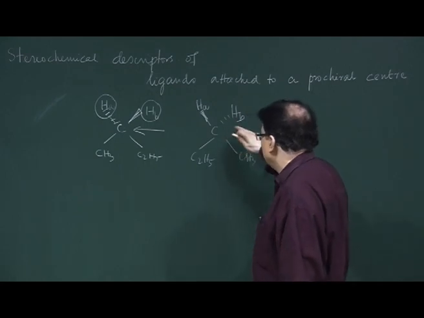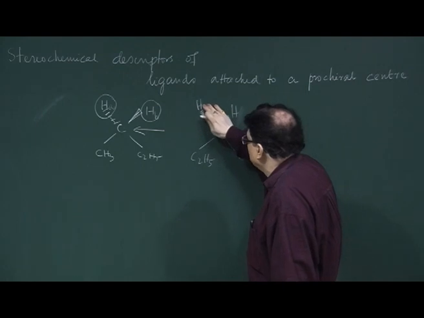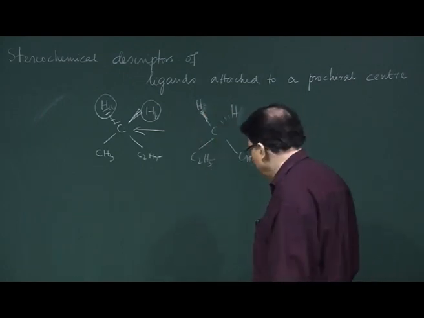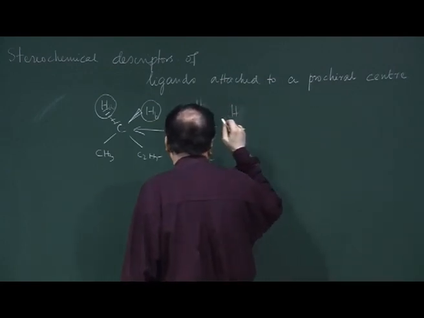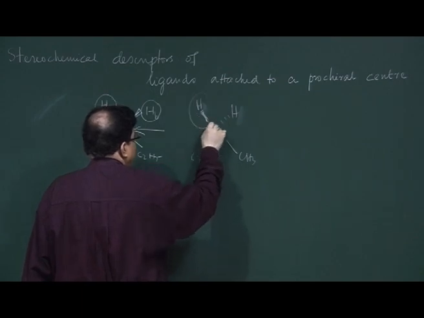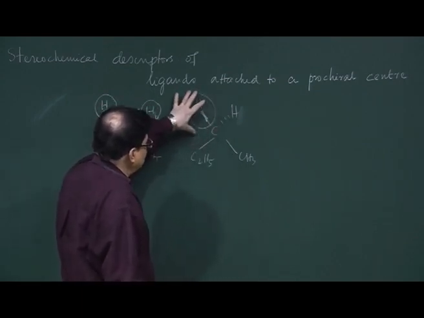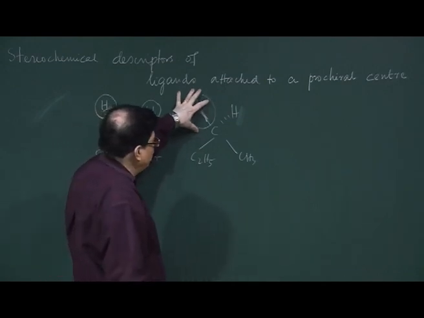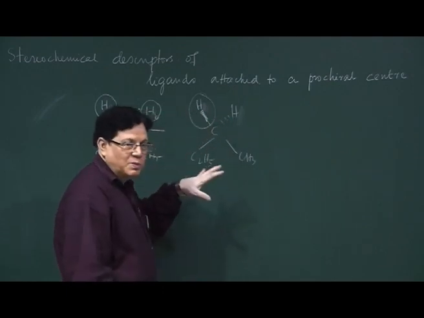Now, the way to do the assignment of stereochemical descriptors to this hydrogen, suppose in this case two hydrogens, they are enantiotopic, is that if you want to know what is the stereochemical descriptor for this hydrogen, then you assign a priority sequence to all the groups.